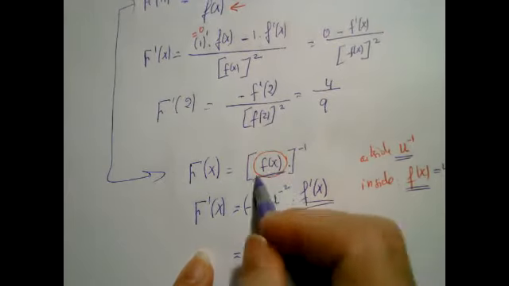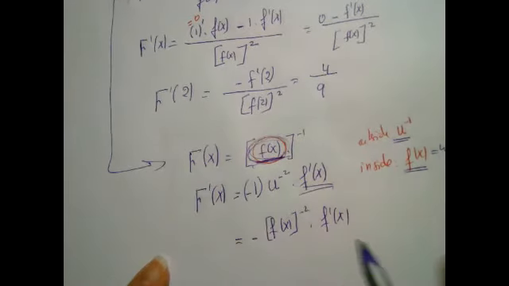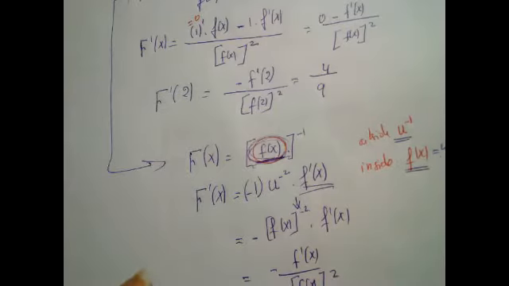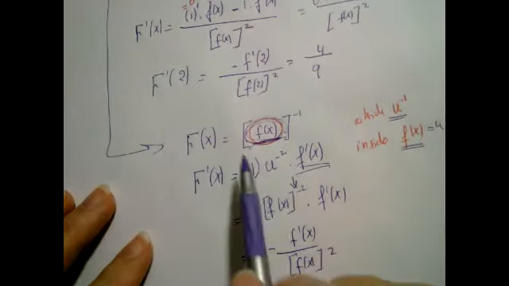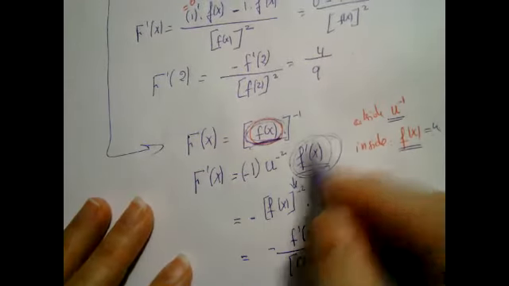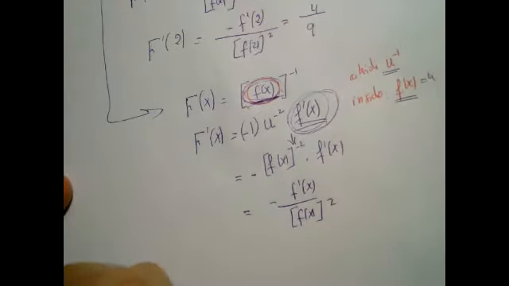So if you write it like this, you have to remember that this becomes your inside function. And so which is nothing more than minus f prime of x over f of x squared, which is exactly what we got. So if you rewrite it this way, which is very good, but then you have to be careful that you need the inside.